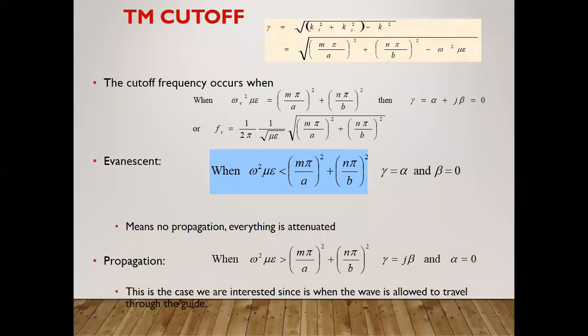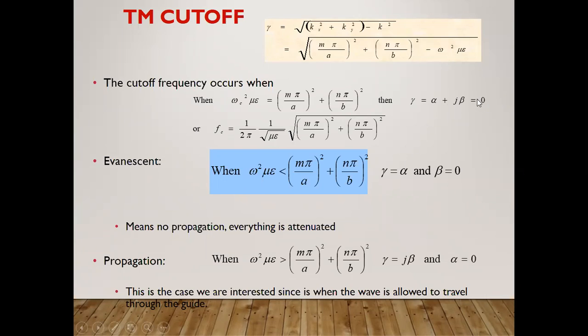So you can find that constant value easily by substituting the values of mu 0 and epsilon 0. Okay, so here also the cutoff frequency can occur whenever you are writing the expression for the propagation constant, which is in the form of alpha plus j beta.